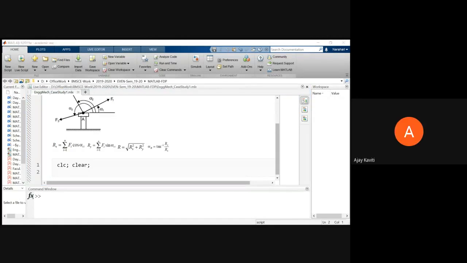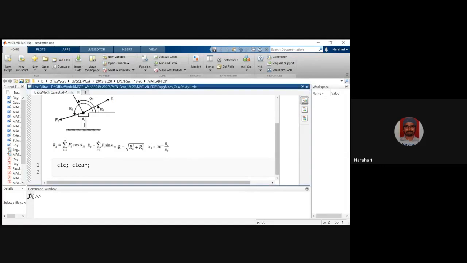All this code will work in exactly the same way in a new script, in a normal script, .m file also. This is just for me to show you people.